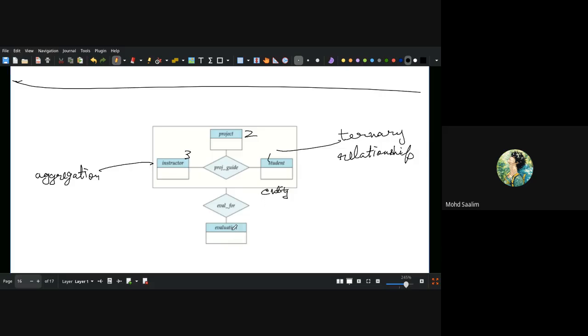We just said something as simple as that. Okay, this is called aggregation. You just have to know it. You don't have to execute something or write something for it. You just have to know it.